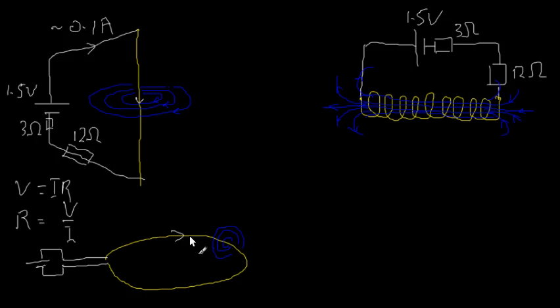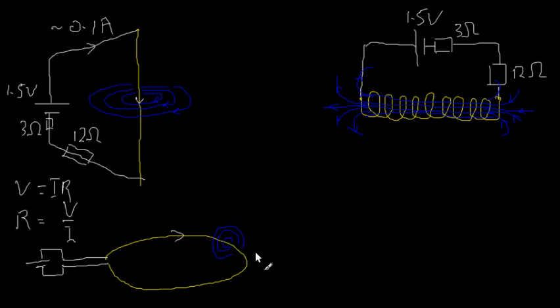And in fact, if I use my right hand thumb rule, if you remember what that is: stretch your right hand out flat, put it close to the wire with your thumb pointing in the direction of the current, and then wrap your four fingers around the wire, and the fingers point in the direction of the magnetic field.